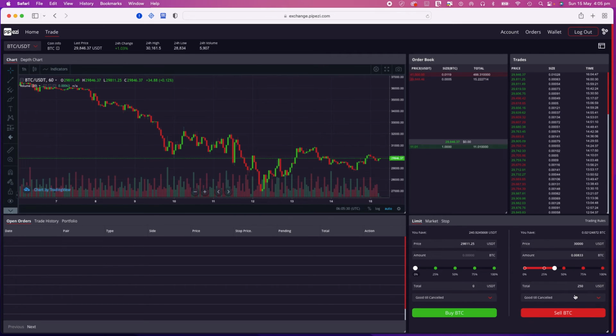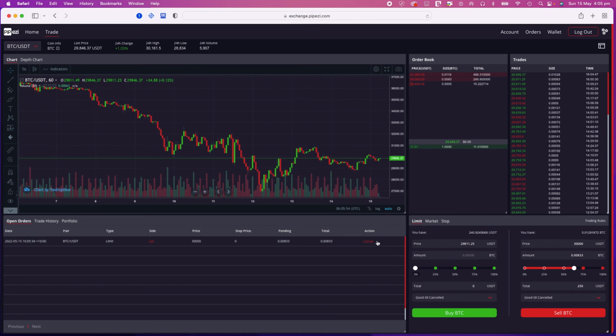It's easy to manage this to the exact amount, and the moment I say sell, it will simply place that order there, waiting until the price of Bitcoin goes up and reaches $30,000 before it sells.